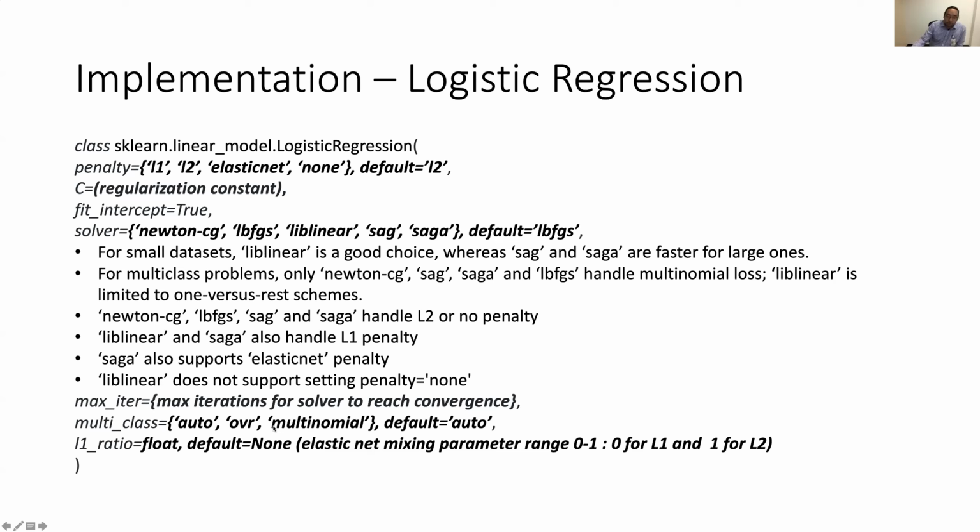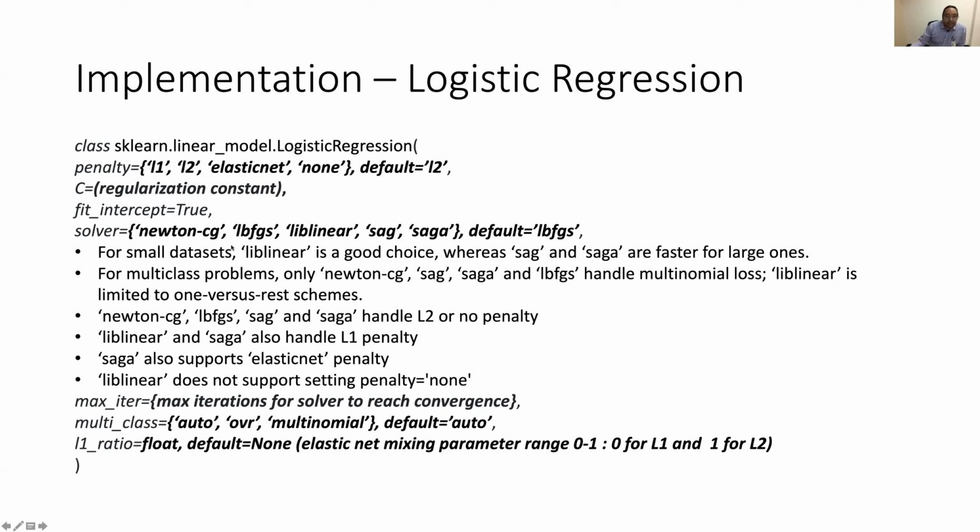So your data can be binary, but you can enforce it to treat it as if it was multinomial. It only has two classes, and it's probably going to use the mutual information metric instead of the binary cross entropy metric. So you could force it. And that's it. That's a big mouthful. These are the big elements on how you implement logistic regression in sklearn.